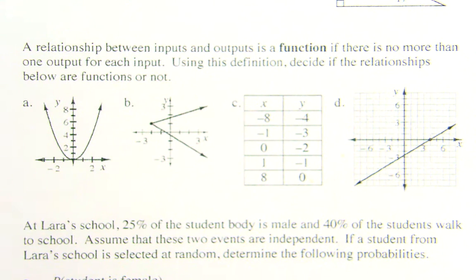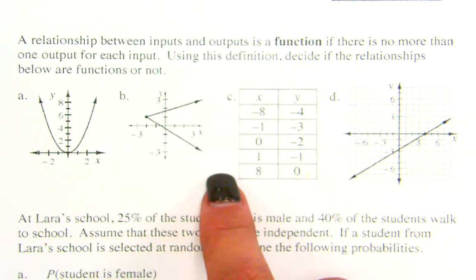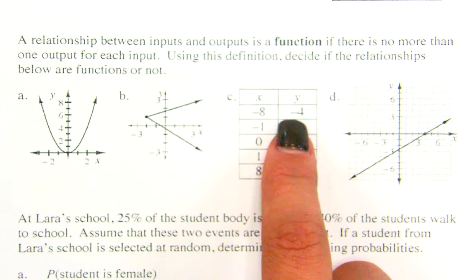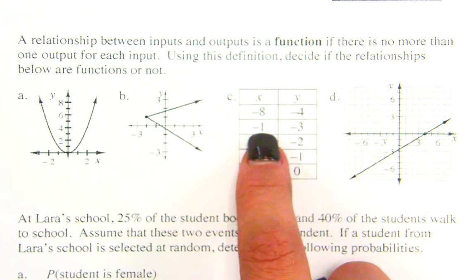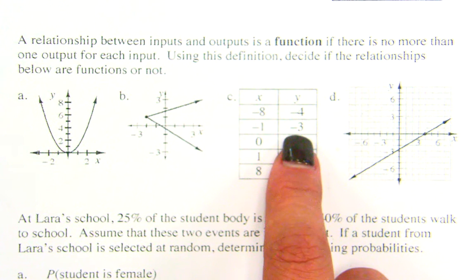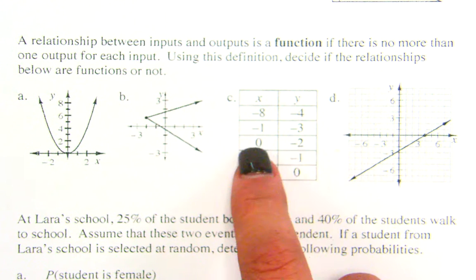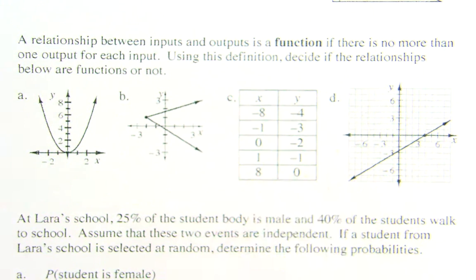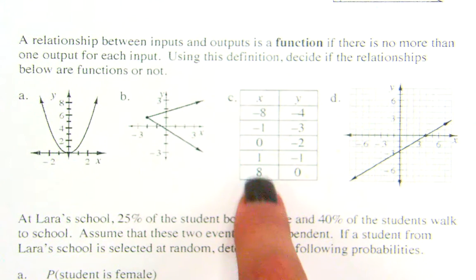So if you look at part C, think of it like, I'm going to press a -8 and I'm going to get a -4. That's fine. I'm going to press a -1, I'm going to get a -3. There's no inconsistency so far. I press a 0, I get a -2. I press a 1, I get a -1. I press an 8, I get a 0. So this is consistent.